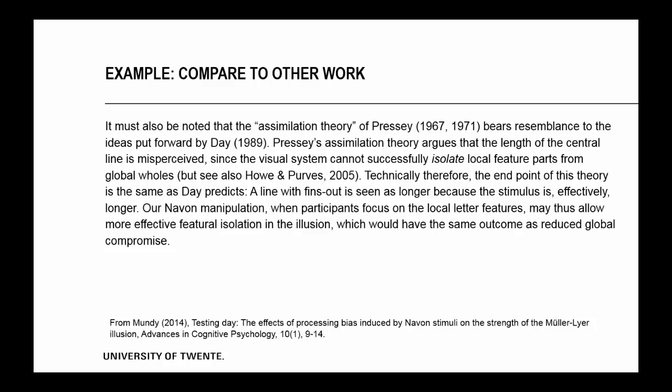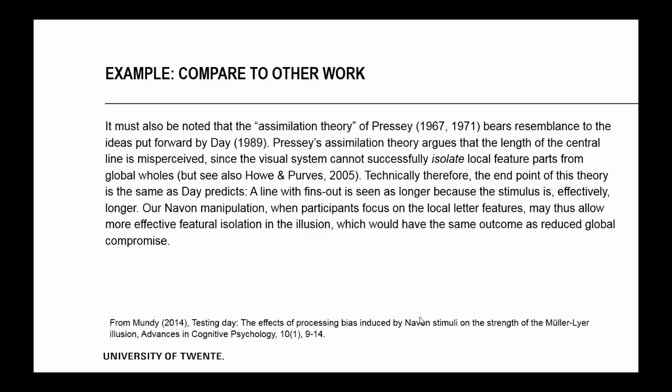Here's an example of a paragraph in the discussion that comes from the Mundy article again. Here a new theory is introduced, a different one than the one that motivated the original hypothesis of this article. And this paragraph discusses to what extent that other theory actually also fits the current findings.